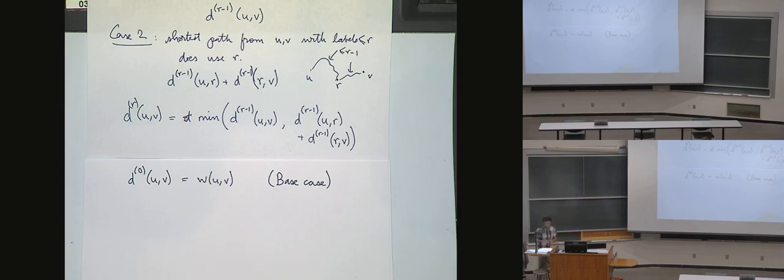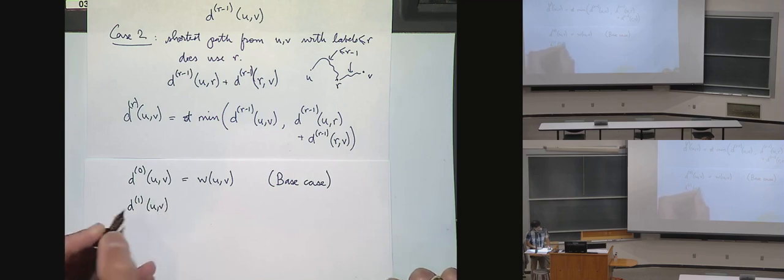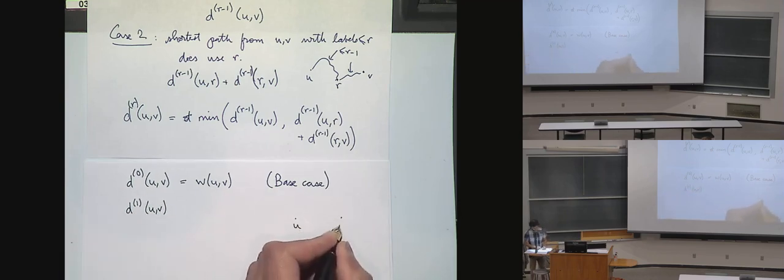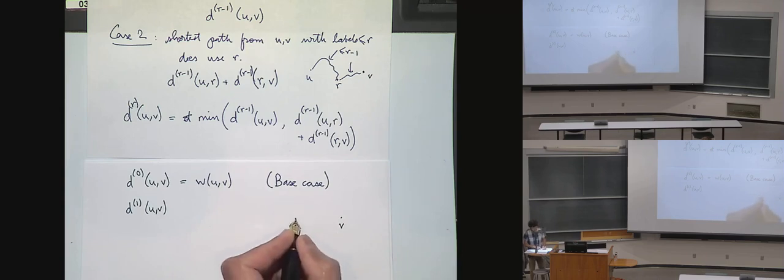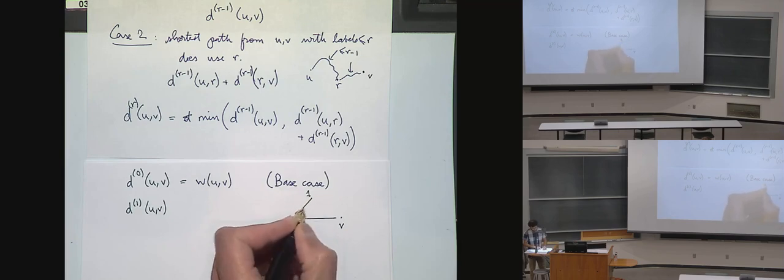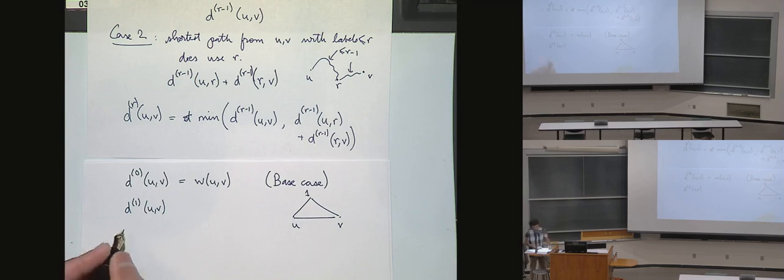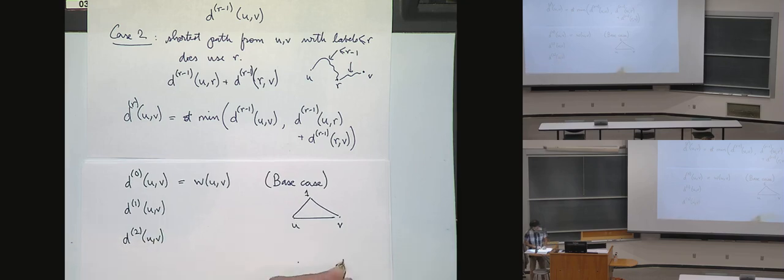But what does D1 of UV mean? It means that if you want to go from U to V, it's considering 2 possibilities. Either you can just take the edge directly, or you can go from U to 1 and from 1 to V. And it's going to take the minimum of these 2 possibilities. And so what is D2 of UV doing?